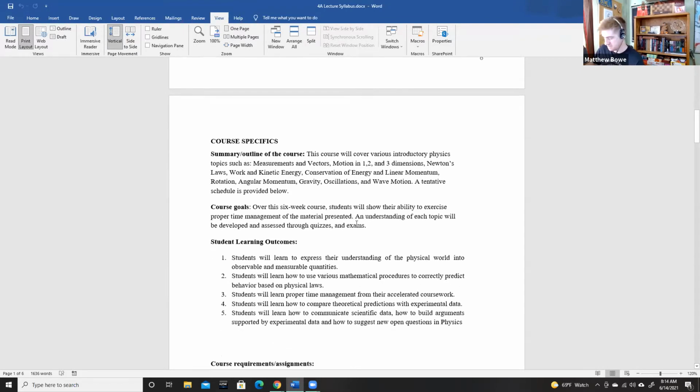Okay, so here are some specifics of the chapters that we're going through. Measurements and vectors, motion in 1, 2, and 3 dimensions, Newton's laws, work and kinetic energy. Pretty much each of these topics is a whole chapter by itself, and it would span a few months.